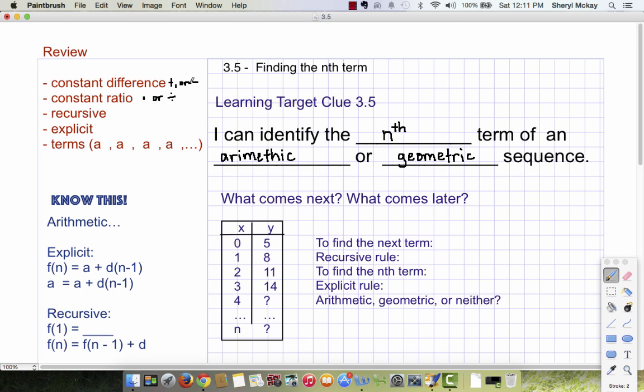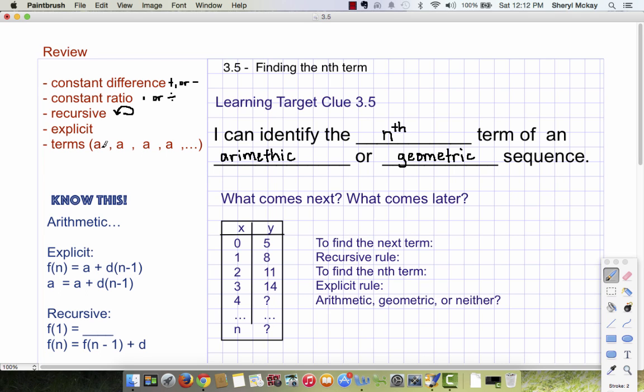So constant differences are used in arithmetic and constant ratios are used in geometric sequences. We've learned that recursive is when you go back to the previous term and you add something. So we're often saying n-1 when we're thinking about recursive. And explicit gives us a very specific equation that we can then use to predict any term, the nth term or whatever term we want to find out.